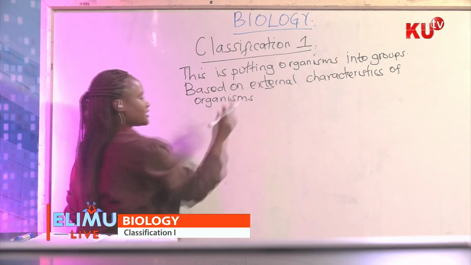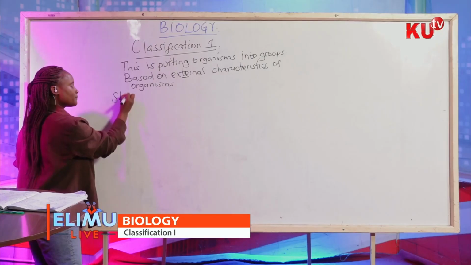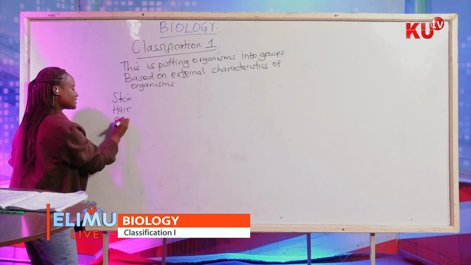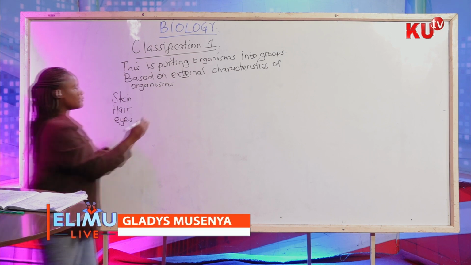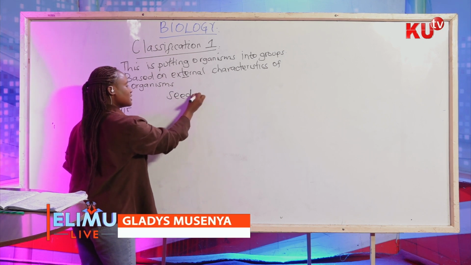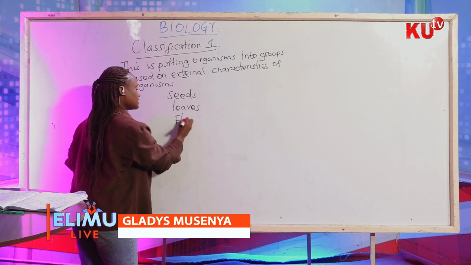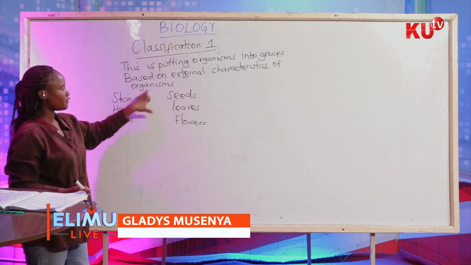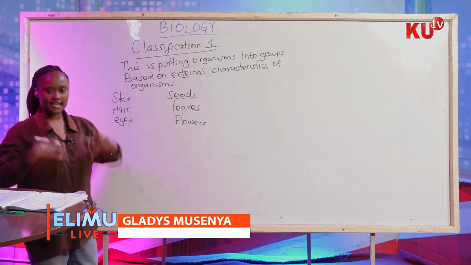The external characteristics include the skin, hair, eyes, maybe in human beings. In plants we have seeds, leaves, flowers. These are the external characteristics of organisms, anything that we are seeing externally.